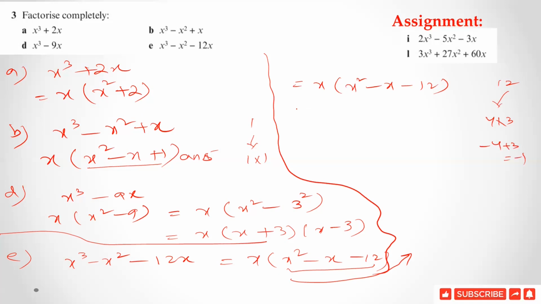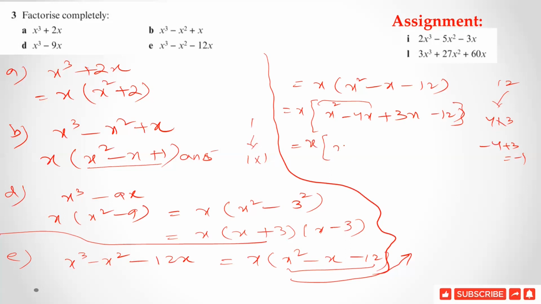So we write here x outside the big bracket, x square minus 4x plus 3x minus 12. Hope you understand how we get it. x common, the big bracket.